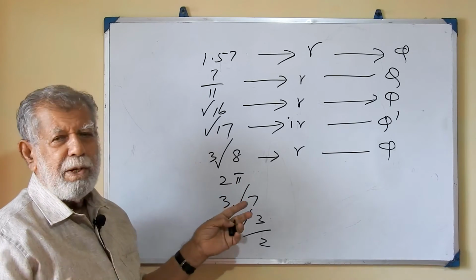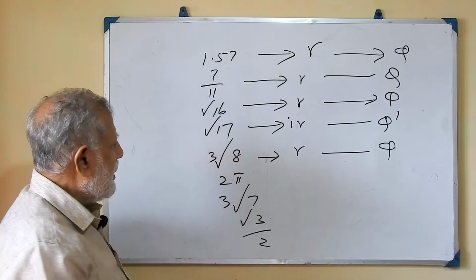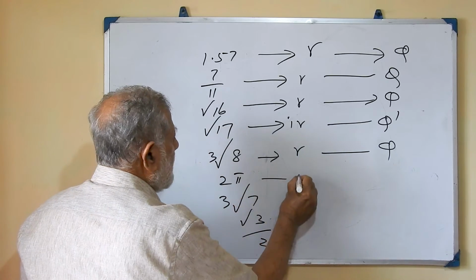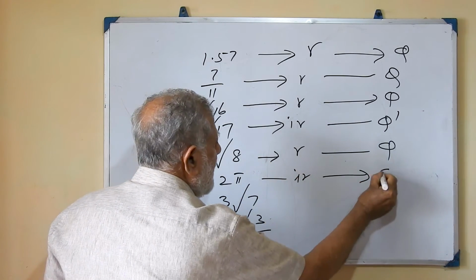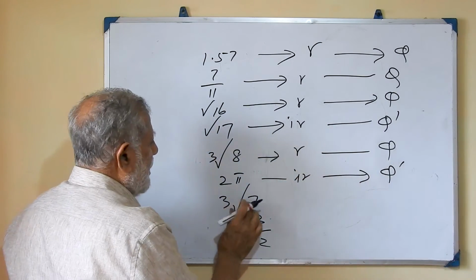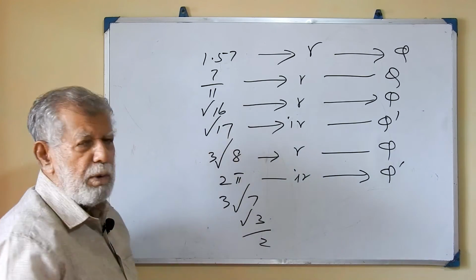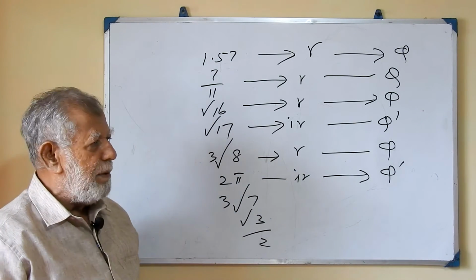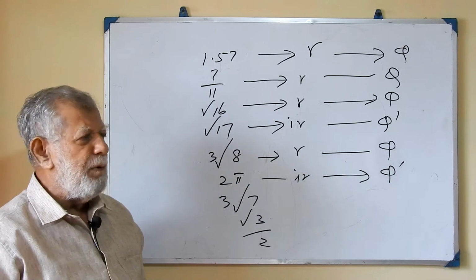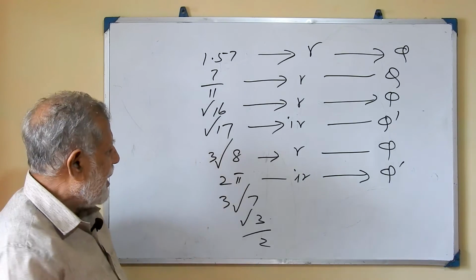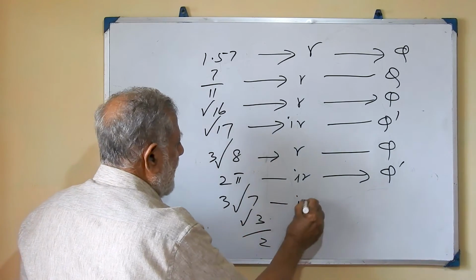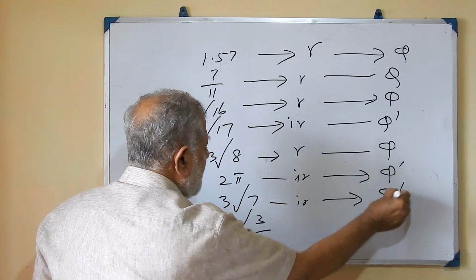So when you multiply that by 2 or 3 or anything, it continues to be irrational. So we call it Q dash. 3 root 7. We don't know the root 7. Root 7 is not a rational number. It is an irrational number. So when you multiply that by 3, again it becomes an irrational number. So it becomes Q dash.